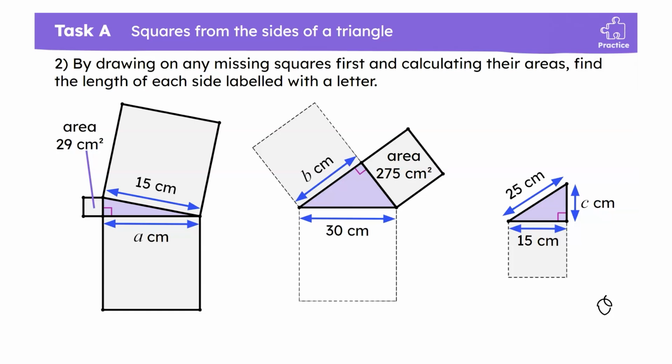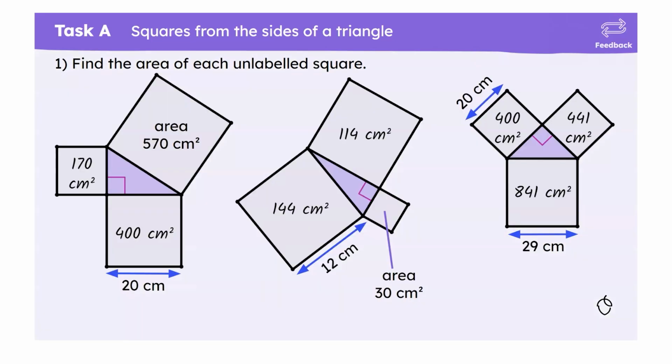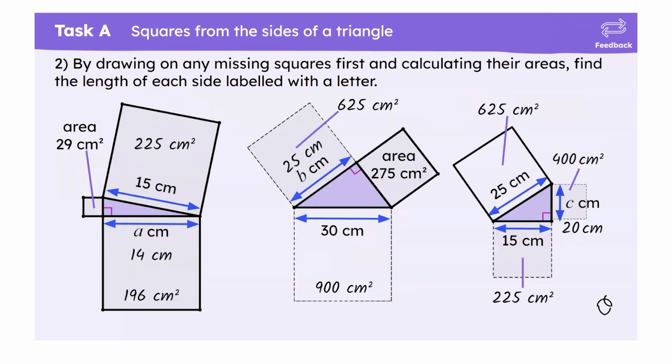Pause now to do all of this for question 2. And here are the answers for question 1. Pause now to compare your answers to the ones that are on screen. And similar again for question 2. Pause here to match your answers with these ones.